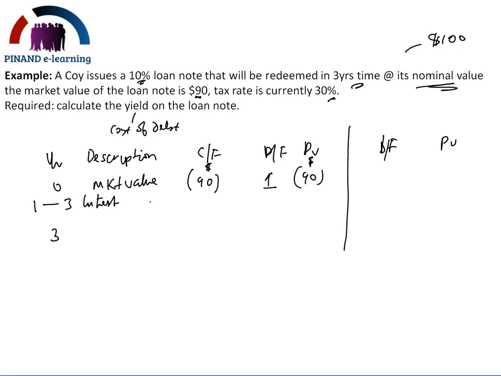Remember, the interest is going to enjoy 1 minus T. So the interest is 10%, which is $10, so that will be 10 times 0.7, and that will give me $7. I just did 1 minus T multiplied by 10. The tax rate is 30%, so 1 minus 0.3 gives me 0.7, which is 70%. It's going to be redeemed at its nominal value, so here we say redemption.